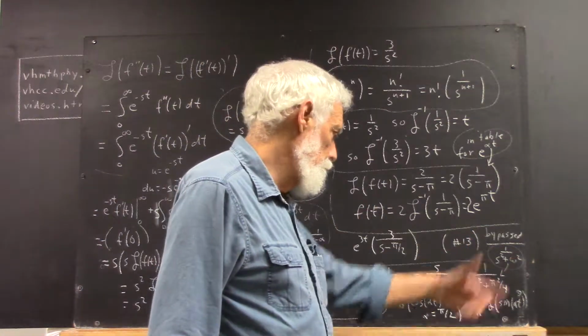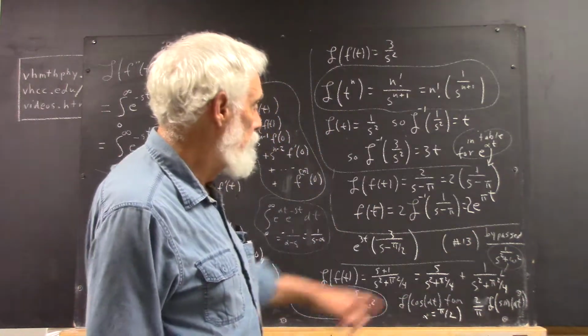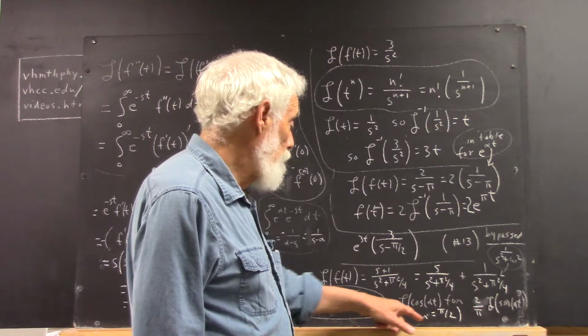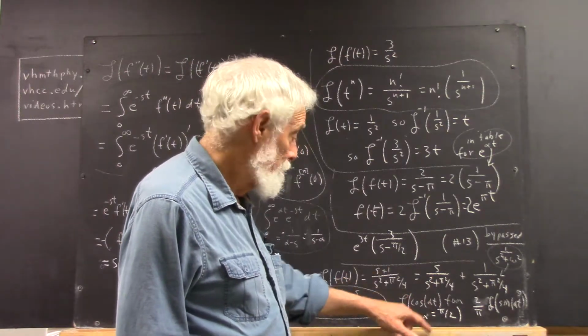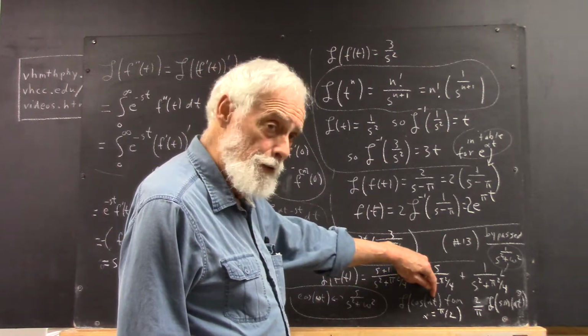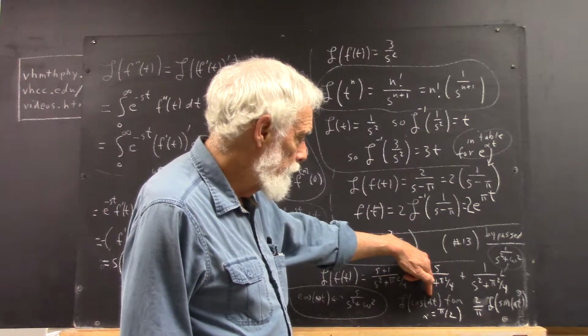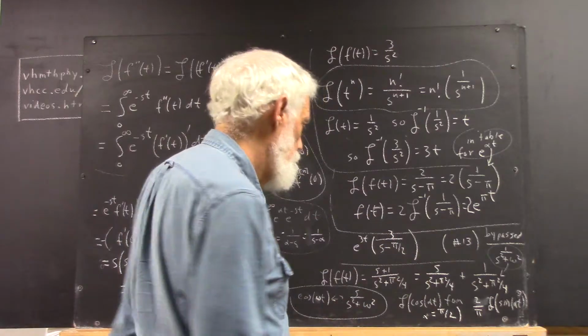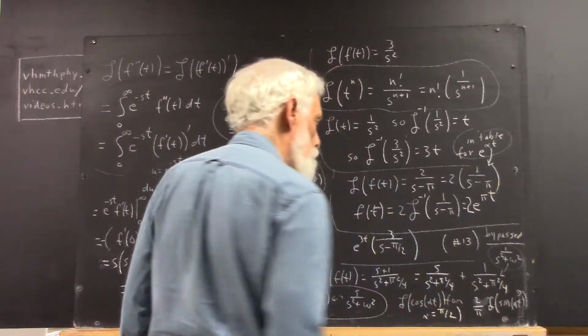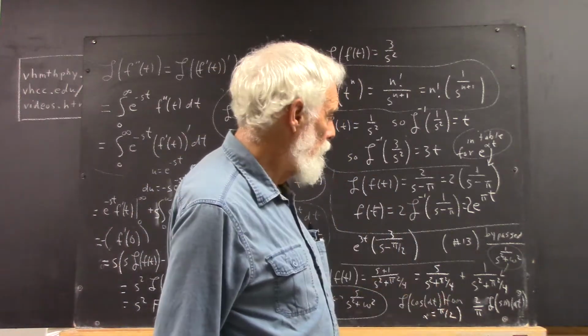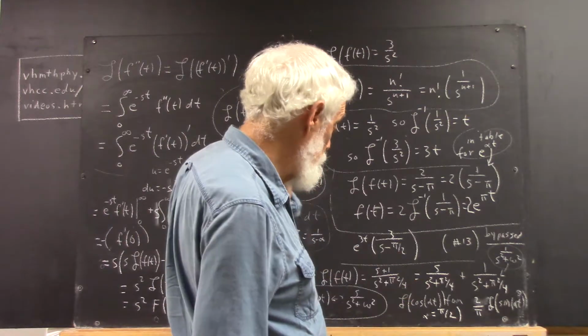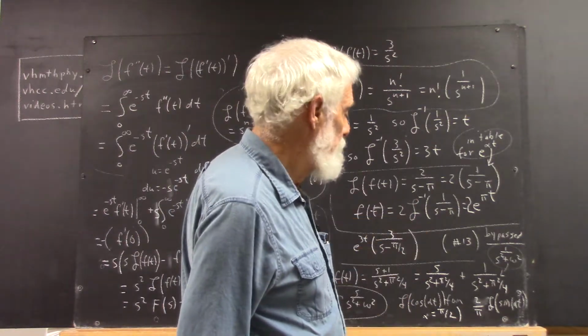Then we just figure out our constants. This is just straightforward cosine of pi over 2 t. I wrote alpha here instead of omega, but you can think omega if you like. This is cosine of omega t, close the parentheses, for omega equals pi over 2.